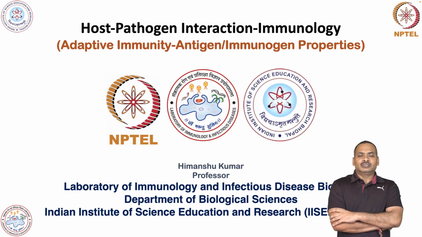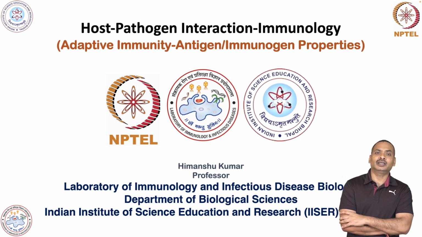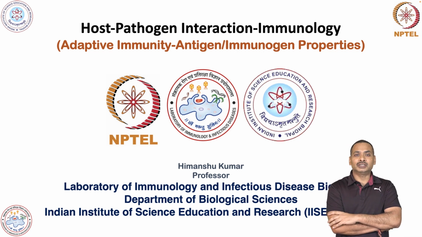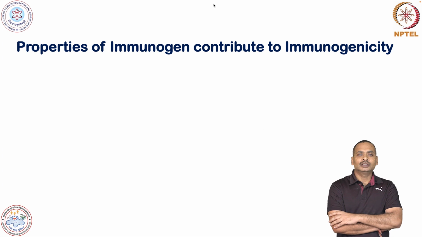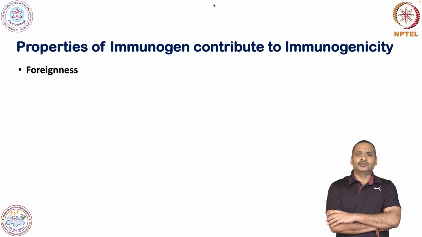So, in this session let us move on to the properties of antigen, or more appropriately, properties of immunogens. There are the following properties of immunogen that contribute to immunogenicity.